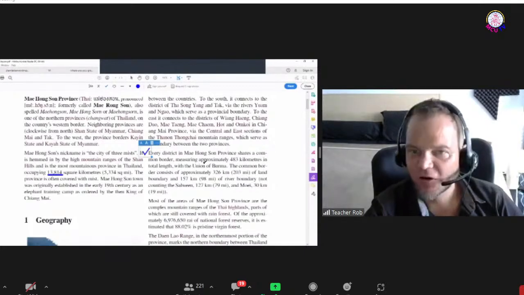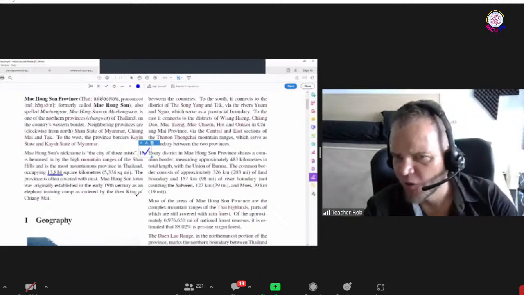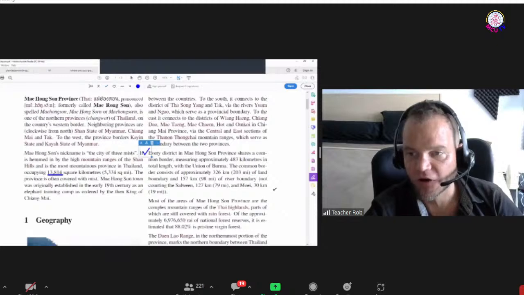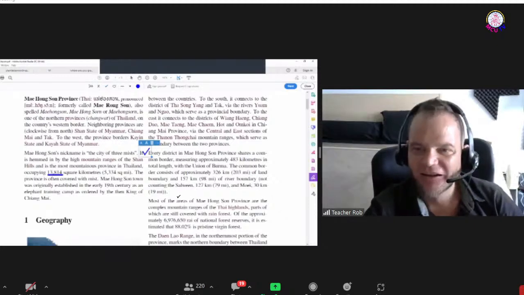The common border consists of approximately 326 kilometers of land boundary and 157 kilometers of river boundary, not counting the Salween or the Moei. Those combined have 127 and 30, so 157 total.